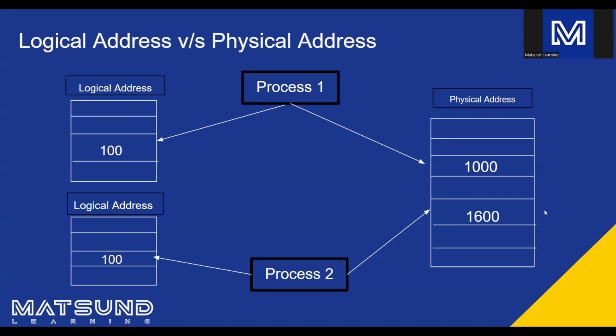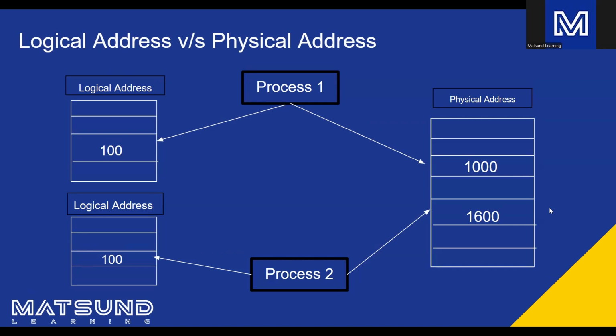Logical addresses do not conflict even if they are the same across processes, because they are in different process address spaces. Although process 1 and process 2 have the same logical addresses, they are mapped to different physical addresses by the operating system. For instance, process 1's logical address 100 might be mapped to physical address 1000, while process 2's logical address 100 is mapped to physical address 1600.